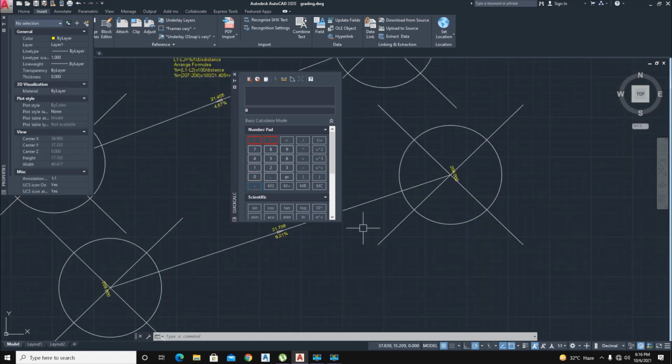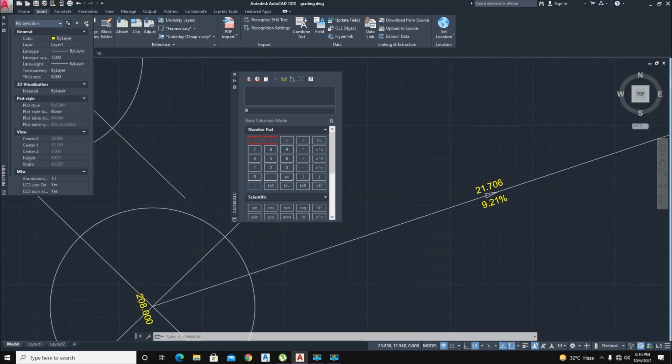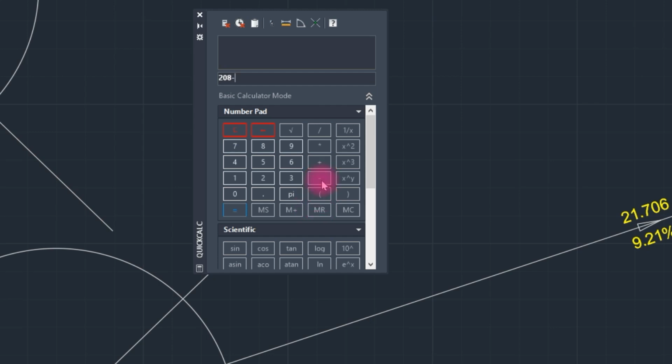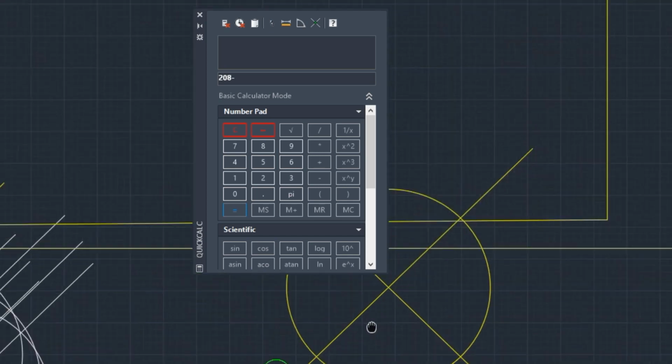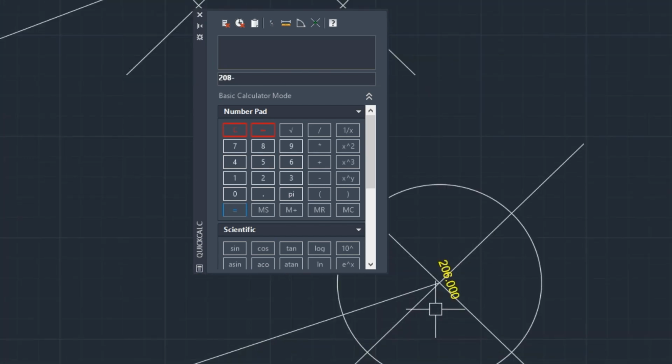We have two elevations. Here is 206 and 208. We just type 208 minus 206.